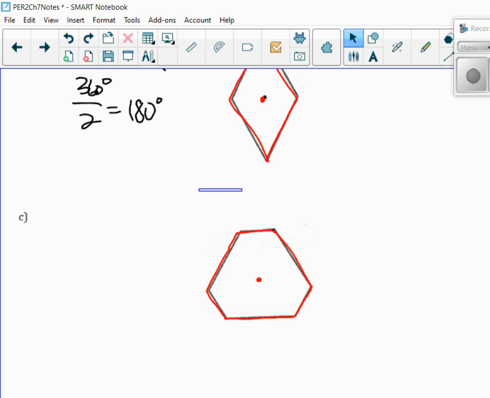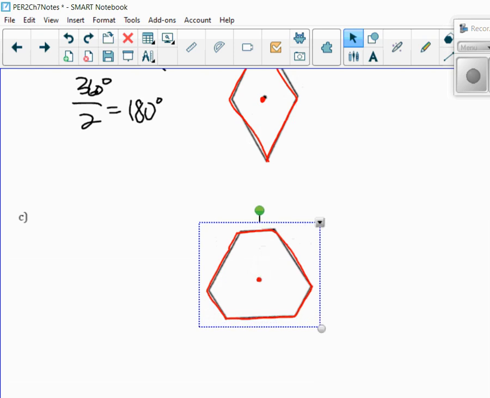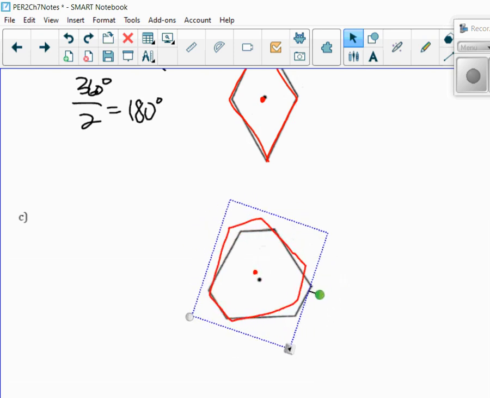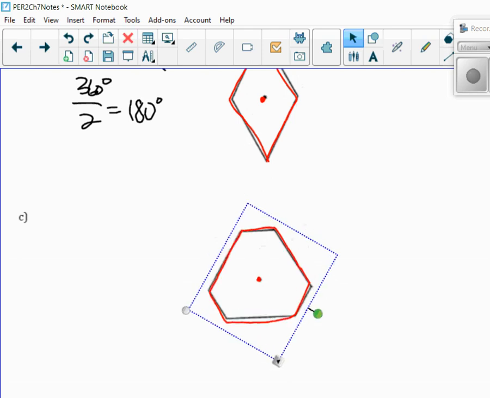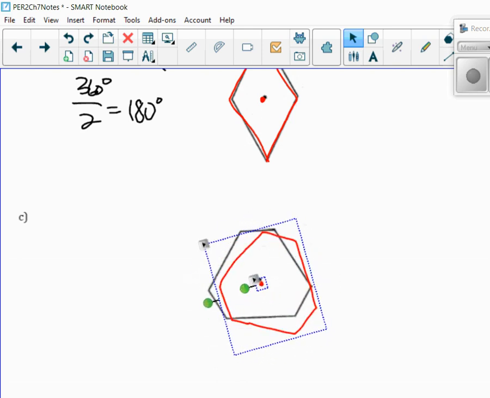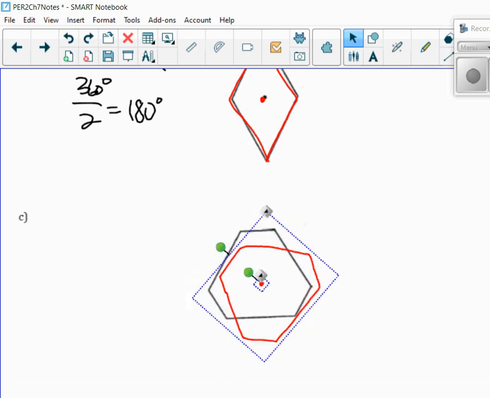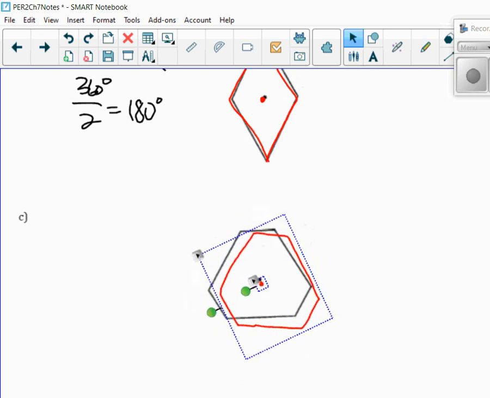I'll group this. So I have, I shifted there a little bit. 1, I got to move it back in. There we go. 1, there's 2. Again, my thing is getting moved.